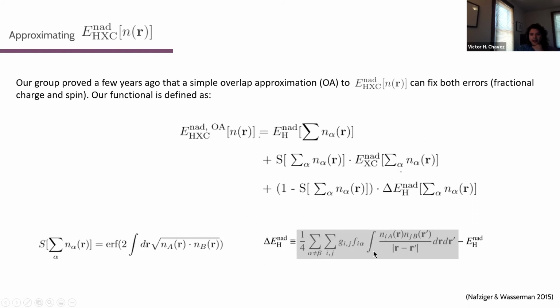And then I have grayed out this part because it corresponds to molecules other than H2, but for H2, this is the only term that would be surviving. And here what I'm doing is canceling this E-Hartree non-additive. And we do this because we know that for the first problem, the error is given mainly by the self-interaction error.